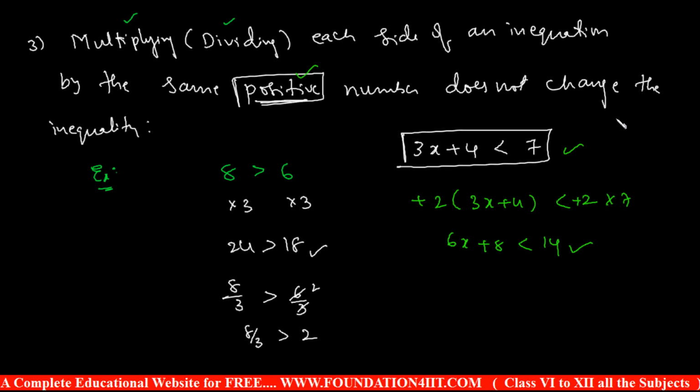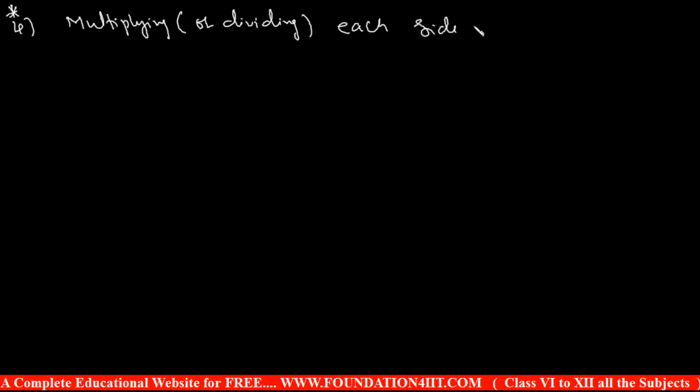And the fourth property, same as the third, but with a negative number. What will happen? Let us see. This is important to remember: multiplying or dividing each side of an inequation by the same negative number.